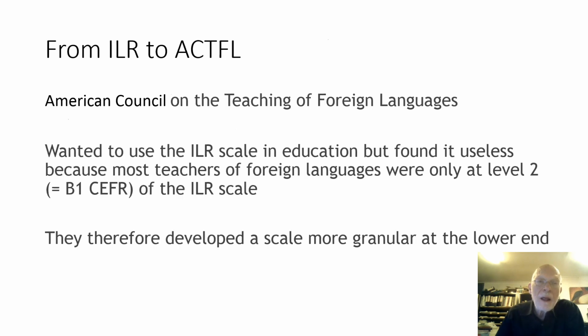Now, when the educational system in the US wanted to adopt the ILR scale, they found that it was useless because it was aiming too high. They found that a lot of the teachers who were actually teaching foreign languages in the US were at a level 2 on the ILR scale, which is about a B1 on the CEFR.